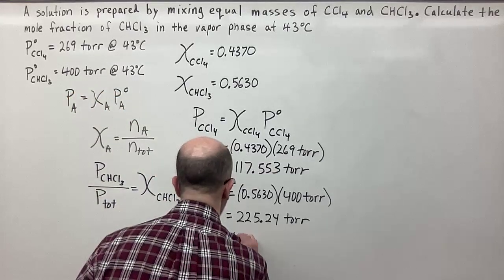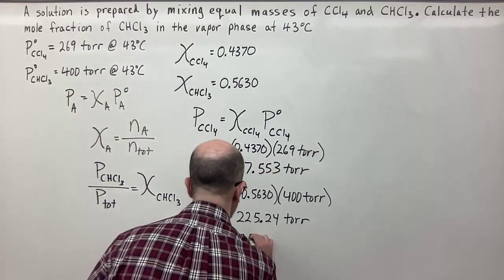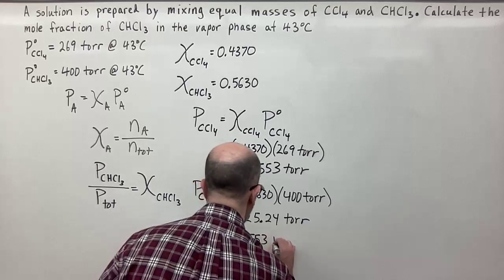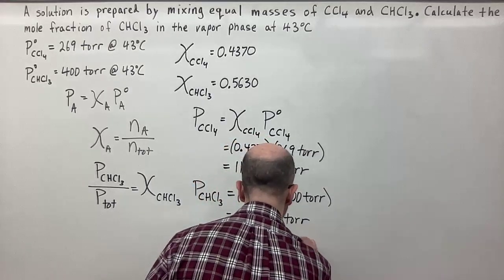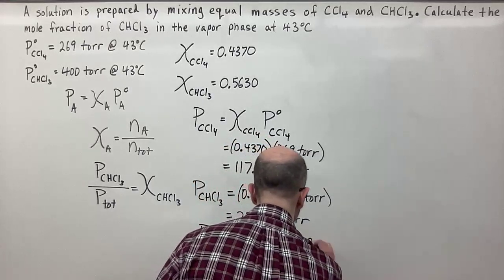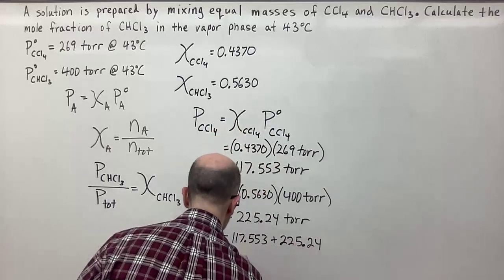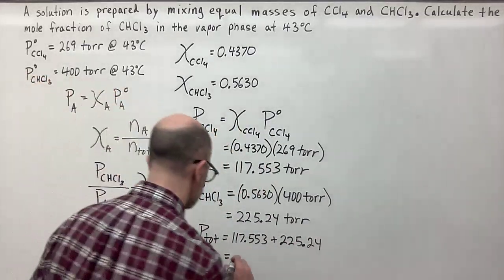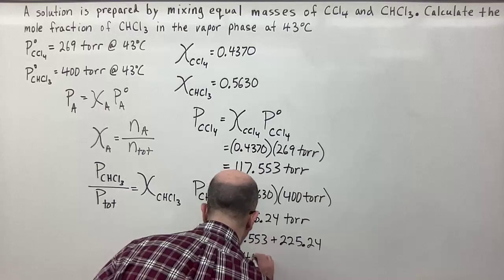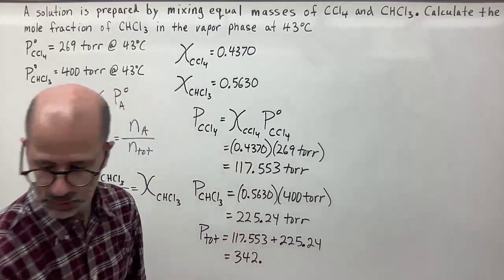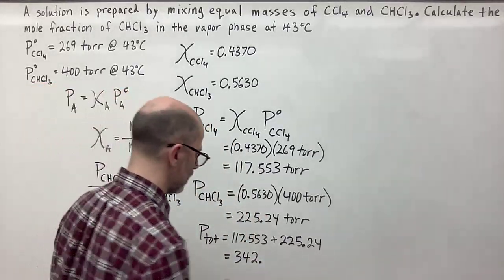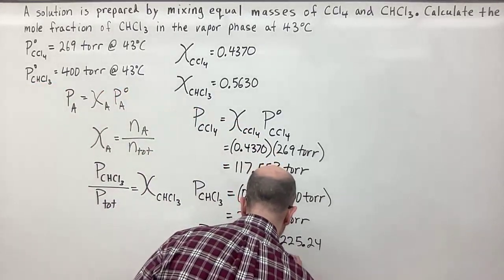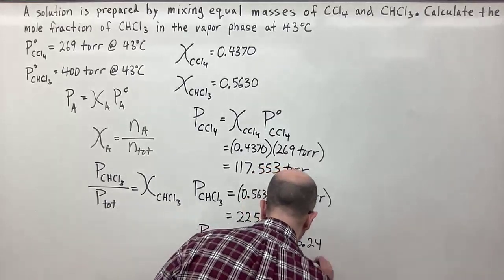So we have 117.553 plus 225.24, and that's going to be equal to 342.793 torr.